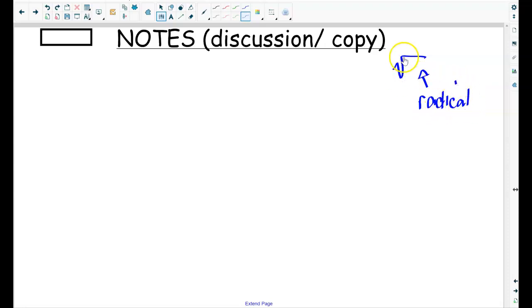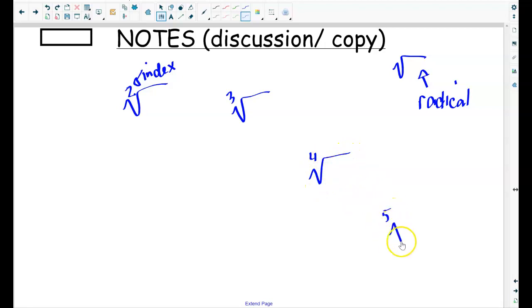It's important to know that because sometimes you have a 2. This is called an index. But sometimes instead of the square root, you can take the cube root, where the index is 3. Here's the radical. The 4th root or the 5th root.